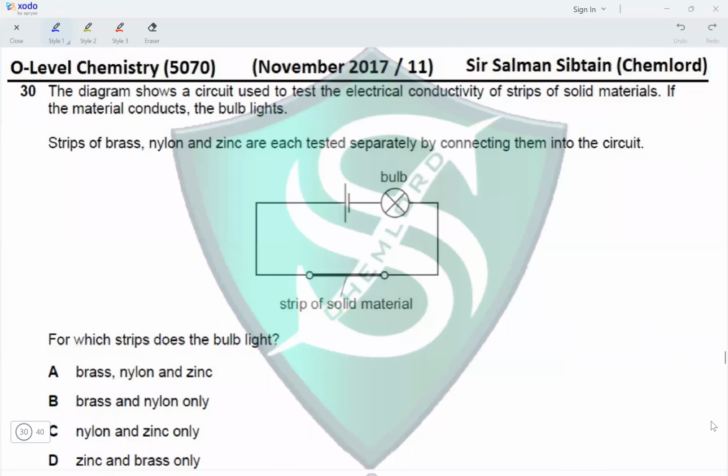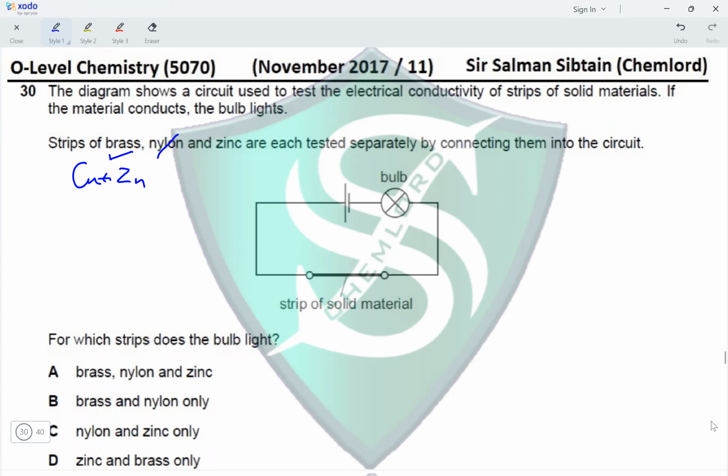Question 30. The diagram shows a circuit used to test the electrical conductivity of strips of solid materials. If the material conducts, the bulb lights. Strips of brass, nylon, and zinc are each tested separately by connecting them into the circuit. For which strips does the bulb light? Brass is an alloy of copper and zinc, so it is metallic.